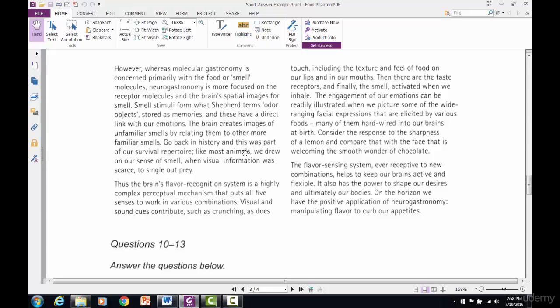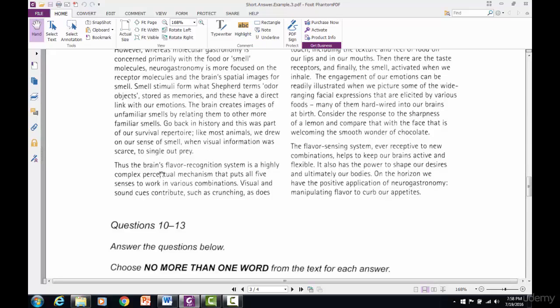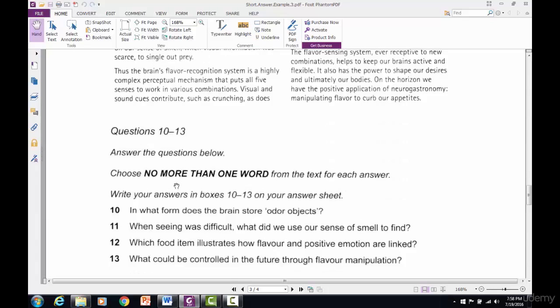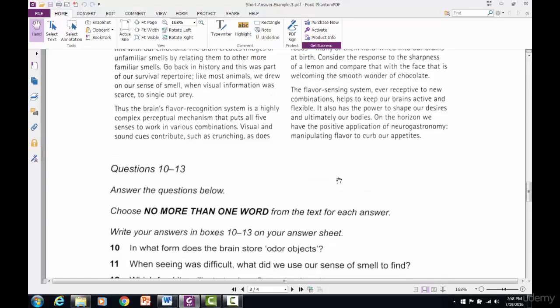Like most animals, we drew on our sense of smell when visual information was scarce to single out prey. When seeing was difficult, we did use our sense of smell to find prey. That's what that sentence says.